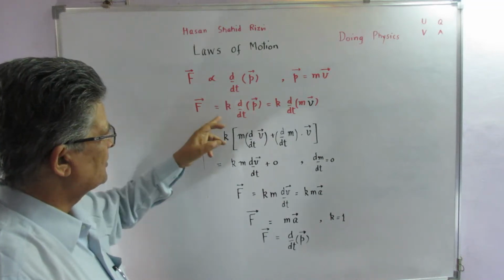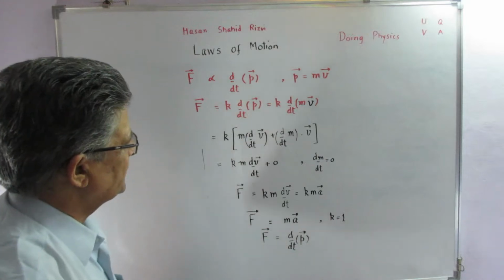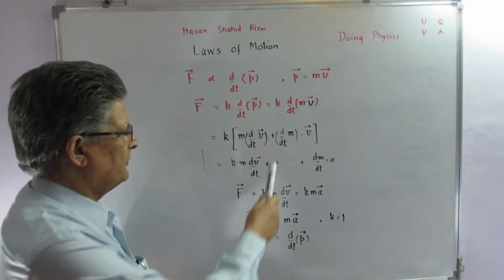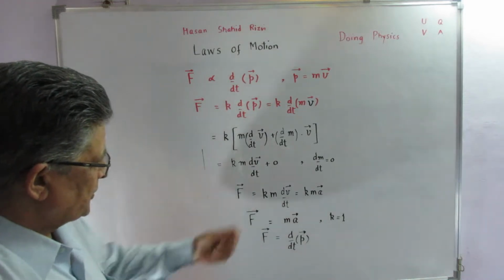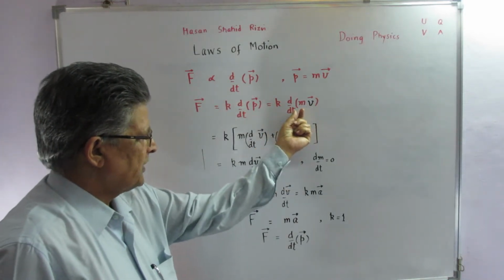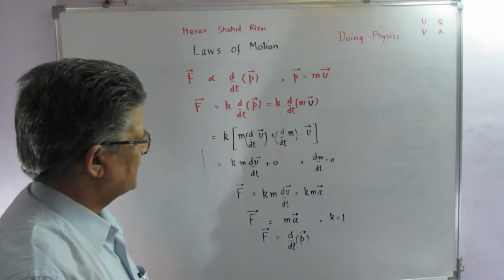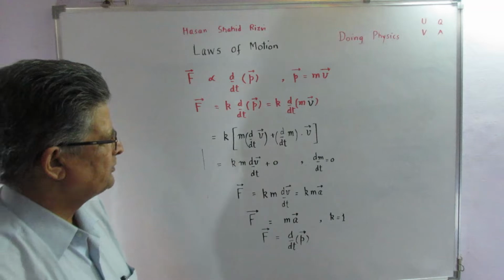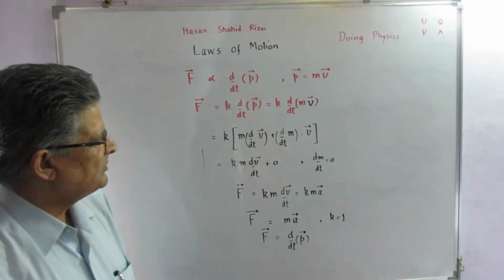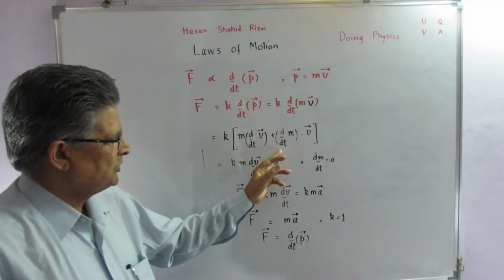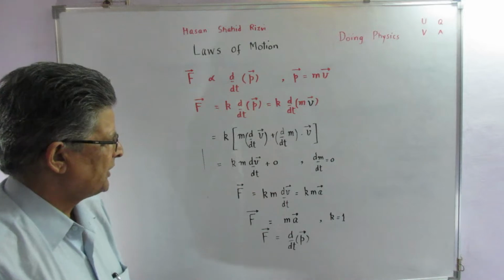We found that we can write it as F is equal to k dp/dt, which we can write as k d/dt of mv. Because there are two functions, the first function is m, the second is v, so we write it with the rules of differentiation: the first function into the differential of the second function, plus the differential of the first function multiplied by the second function.